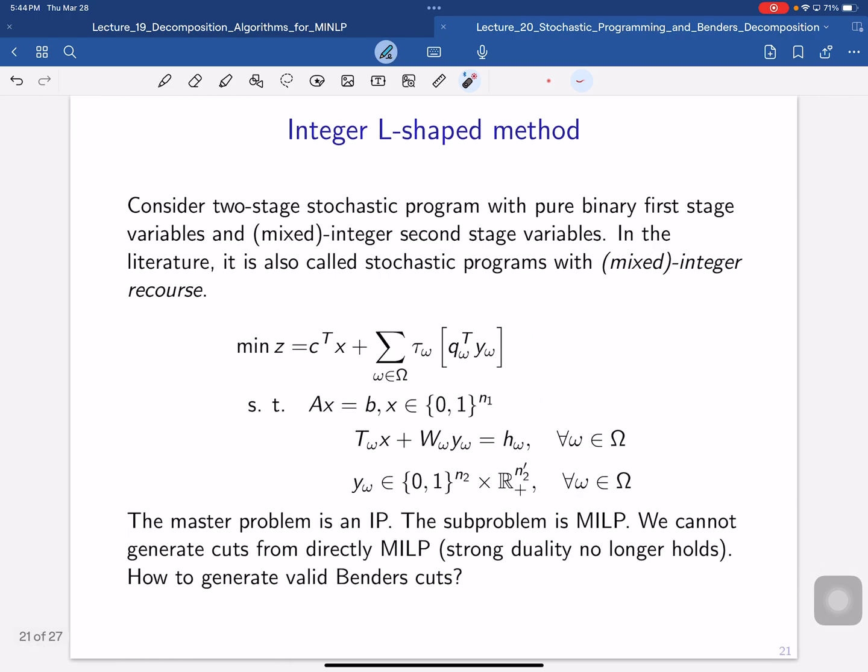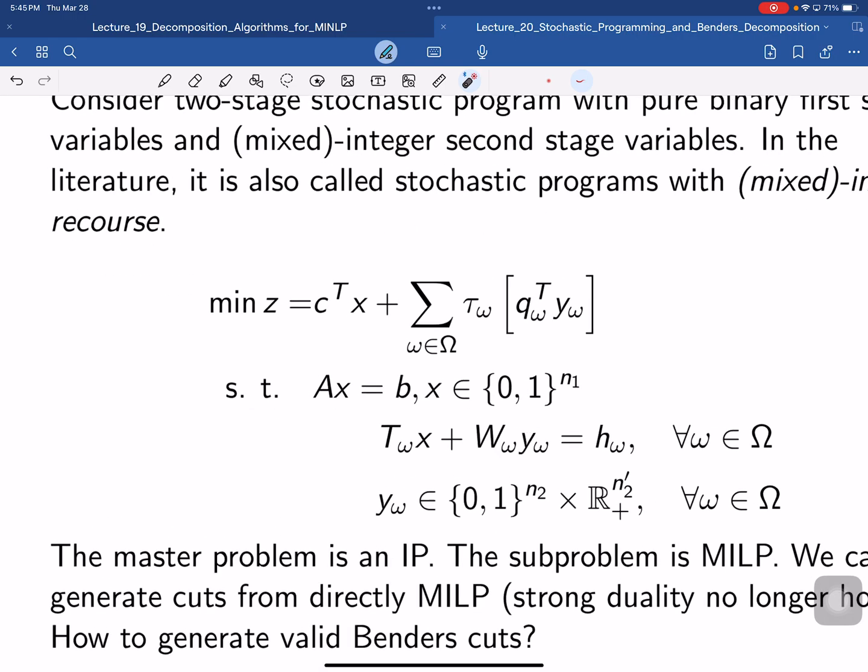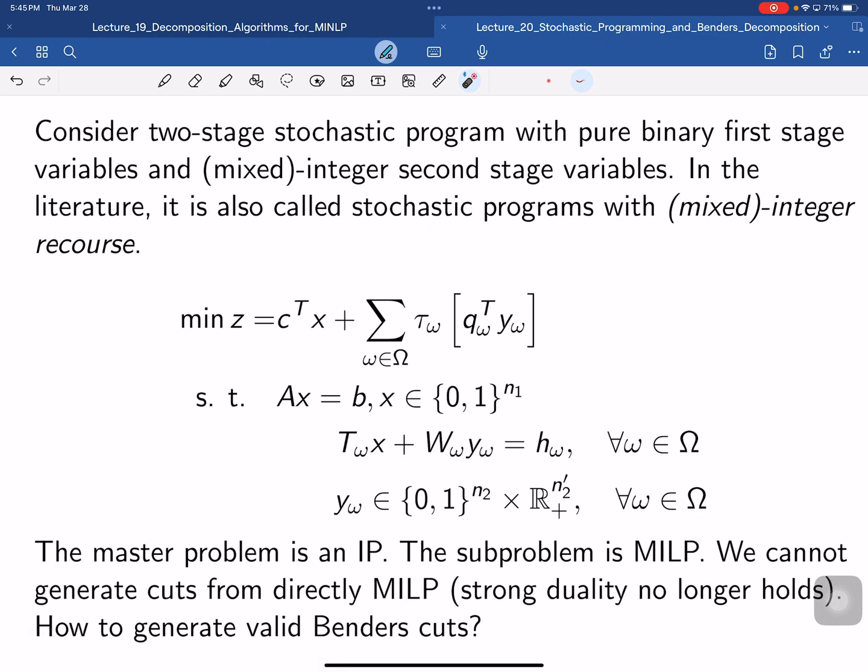Okay, so let me talk about one more extension of Bender's decomposition. I said that if we have mixed integer first stage variables and the second stage variables are continuous, we are fine, right? We can still do the LP duality. But if we have second stage mixed integer variables, then we cannot use the same Bender's cut anymore, right? If the second stage has integers, you cannot use strong duality from linear programming.